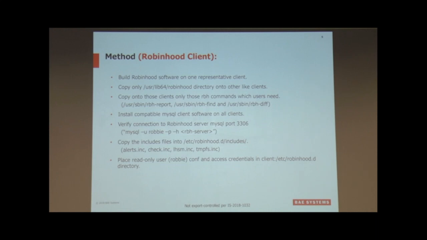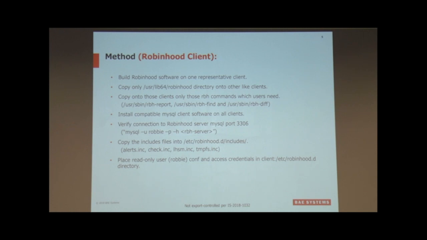Everything is run through a scheduler of some kind. So we built this copy of the Robinhood software on one of our HPC nodes. Then we only took some portions of it to send out to our actual compute nodes.